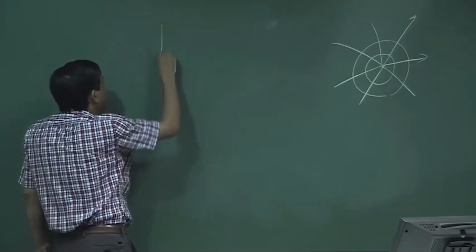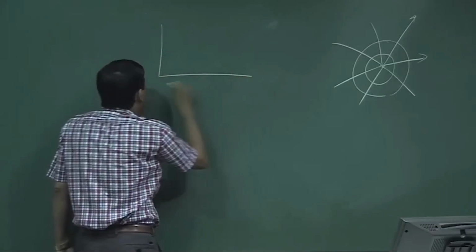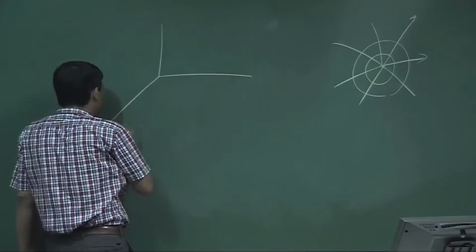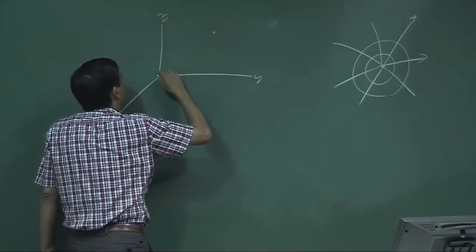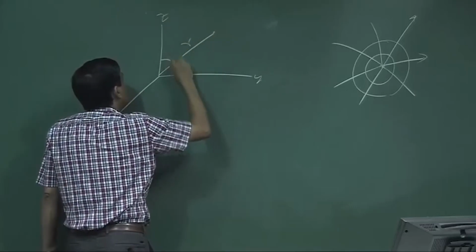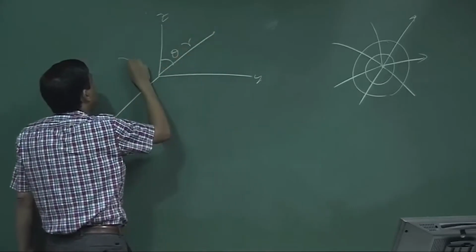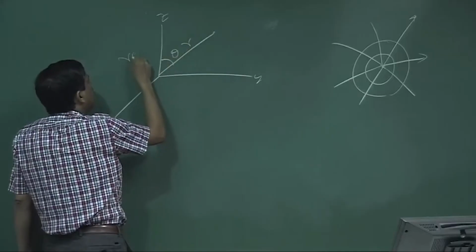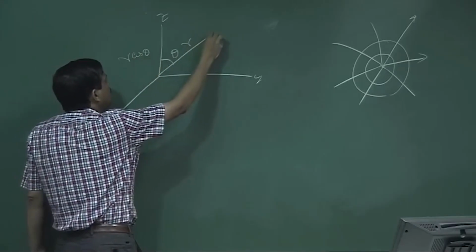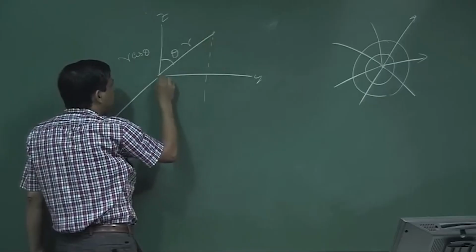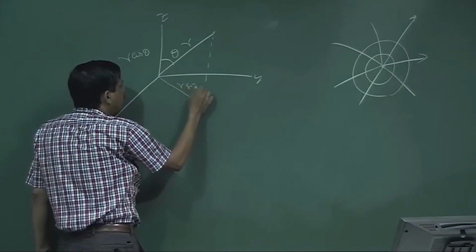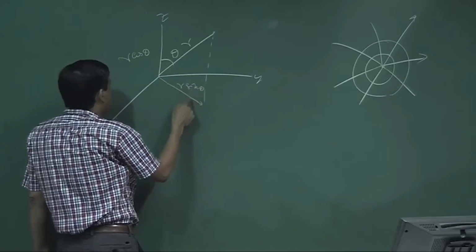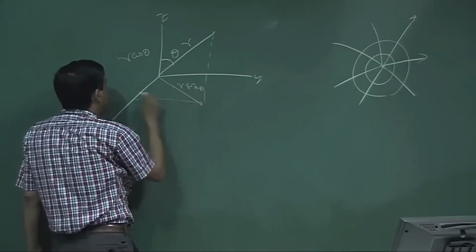So in that case, we draw the coordinates x, y, z and put a point here, which is r. If this angle is theta, then the projection of r on the z axis is r cos theta. If I make a projection of the same r in the xy plane, I get r sin theta. The projection of r sin theta on the x axis gives me x.